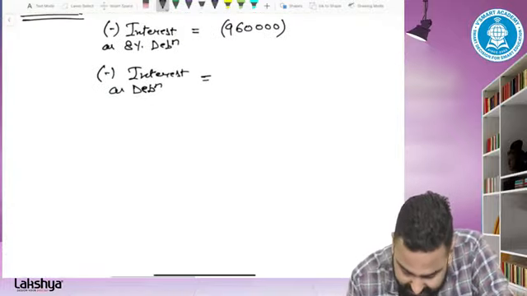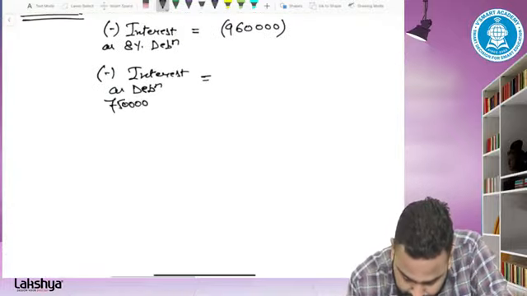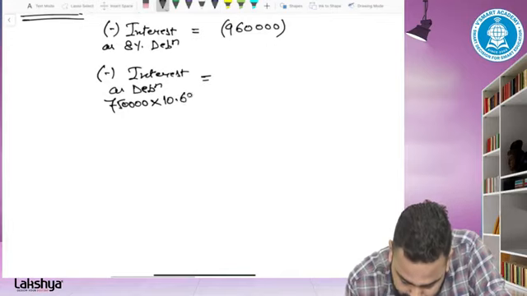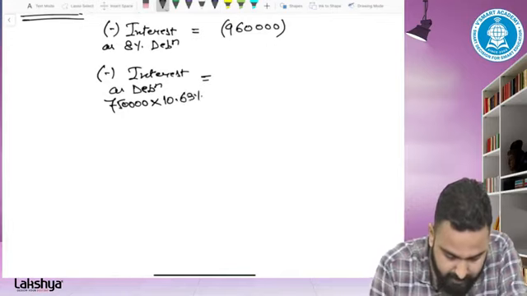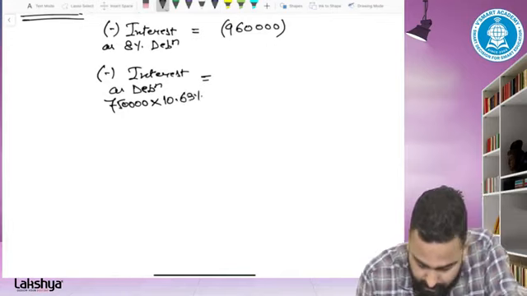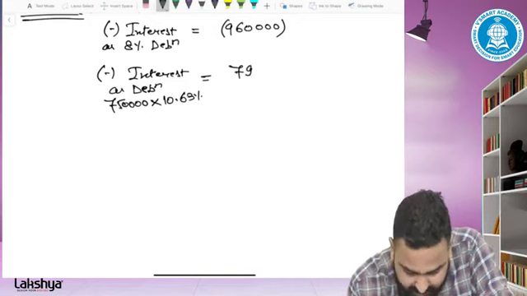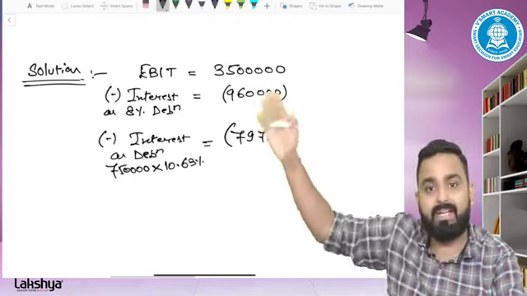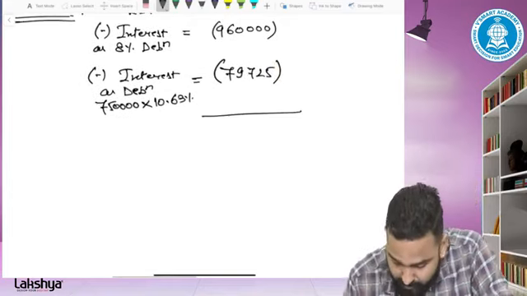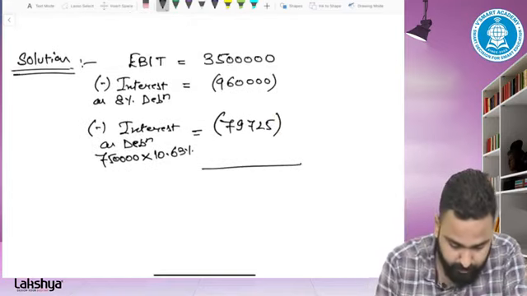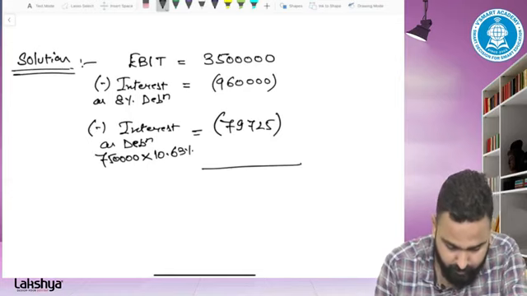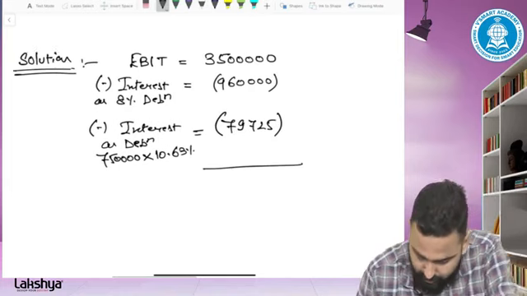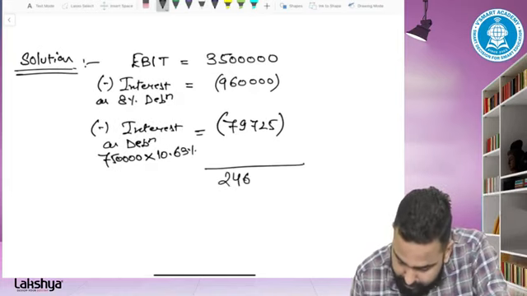So 10.63 is the effective rate of interest on 7,50,000. 750 into 10.63, so it is like 79,725. So it becomes EBIT minus this, now 2460,275.